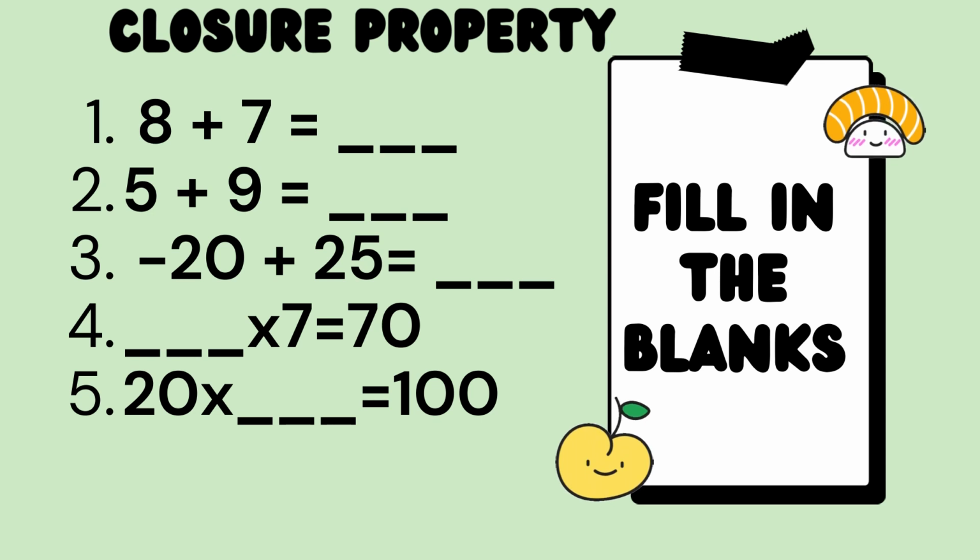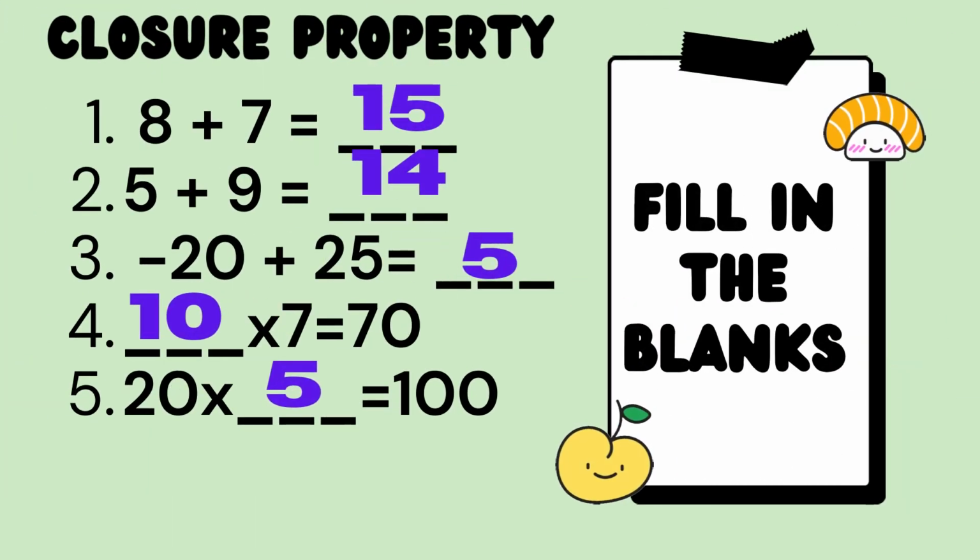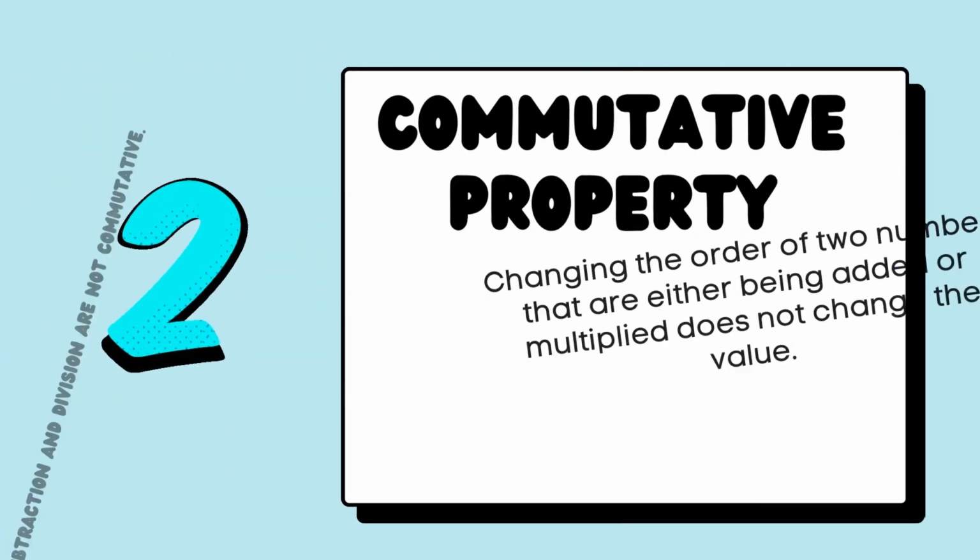So I think you can guess. If you guess it right, if you have the following, then you guess it right. For example, for number 1, we have 15, 2 is 14, 3 is 5, 4 is 10, and number 5 is 5. So they are very unique numbers.